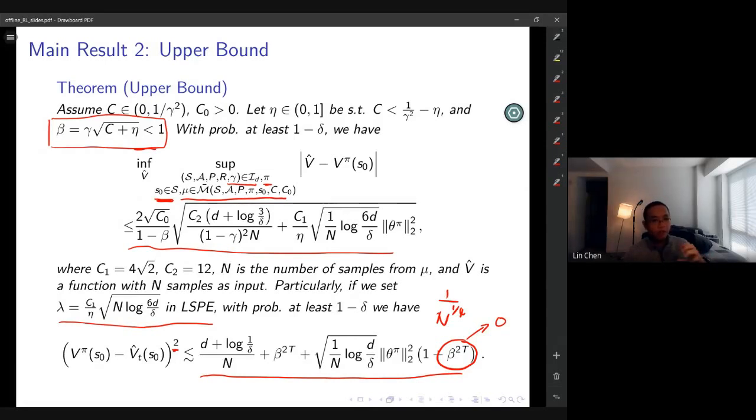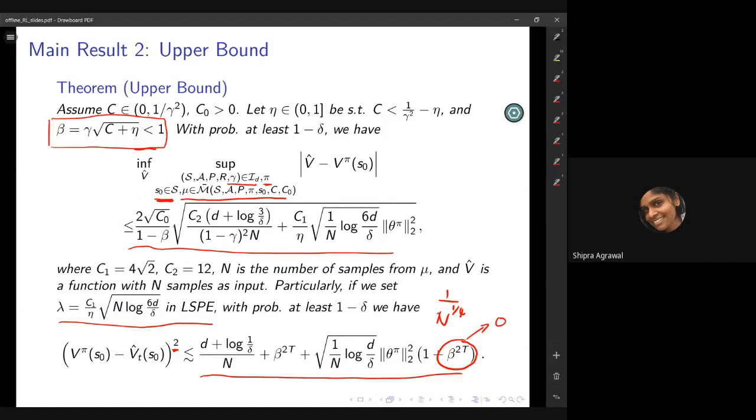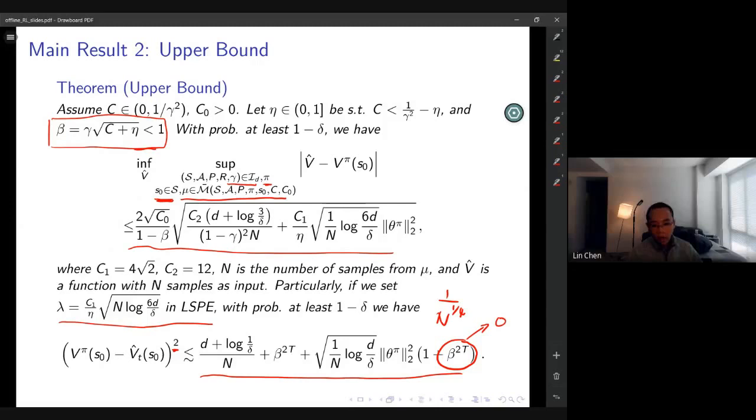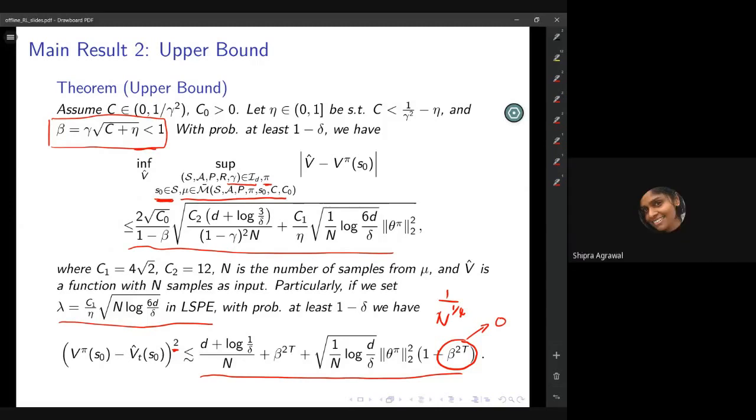If the condition is very bad, if it's close to 1 over gamma squared, then that would be hard. So eta is basically the gap between them, how bad or how good the condition is. So what is this condition? I think this is what I was missing in my question. Can you explain again what this condition is?